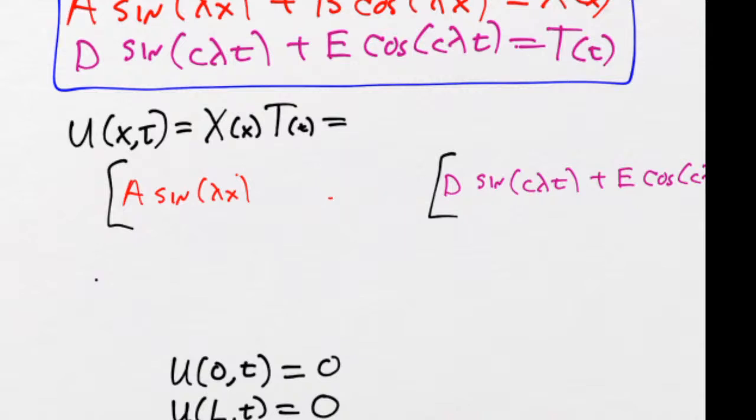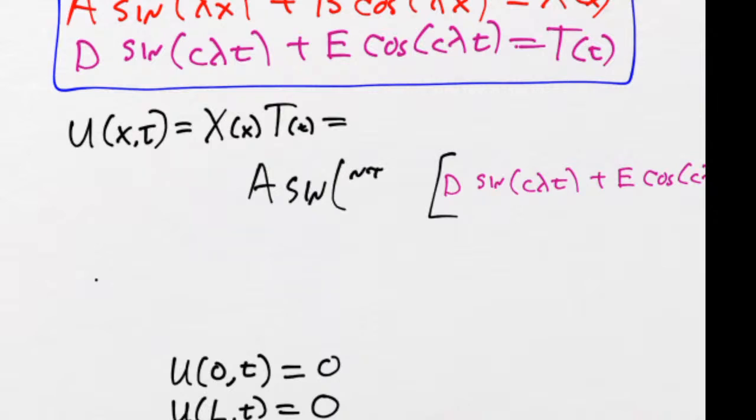So I'm going to erase this, and then I'm going to write a sine n pi over L x.